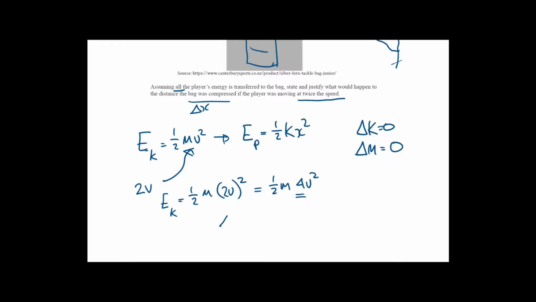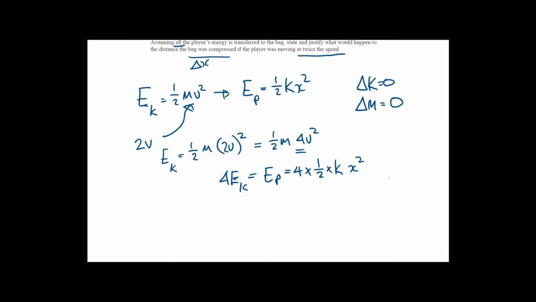So, 4 times the kinetic energy, how is that going to change the potential energy? Okay, well, we're going to have 4 times half times k x squared. So what's changed?